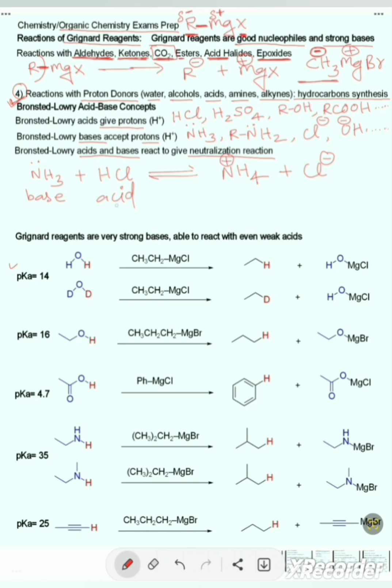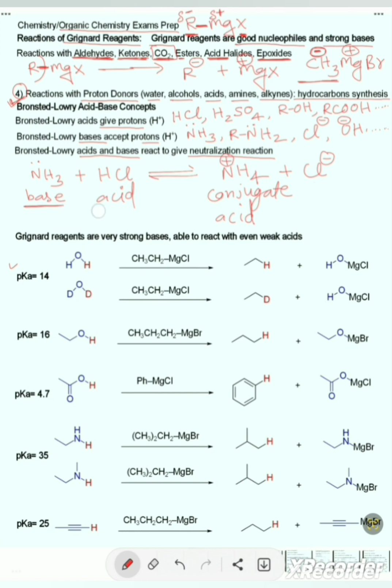So the base is ammonia, and once it gets the proton, it makes the conjugate acid, ammonium. This is called the conjugate acid of our base.